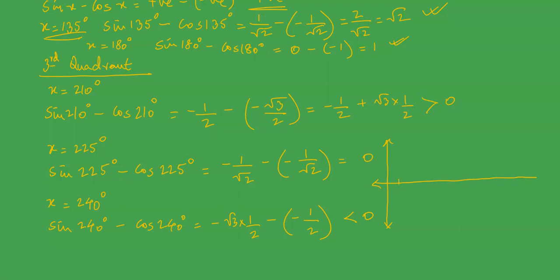Say this is 30. This is 60. All are in degrees, obviously. 90. Let me take multiples of 45, that would be better.